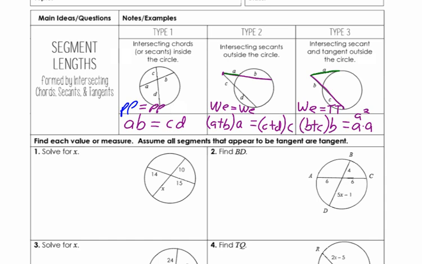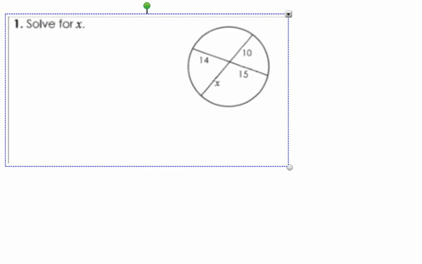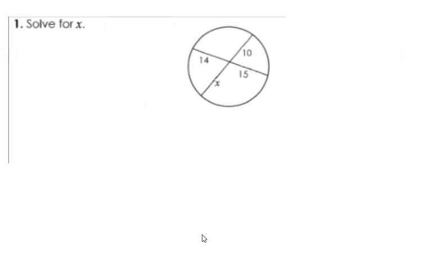Okay? So if we look at this first example, we have our intersection inside the circle. So here's our point of intersection. We can label this as part and then part. So we know we've got to multiply the corresponding parts.